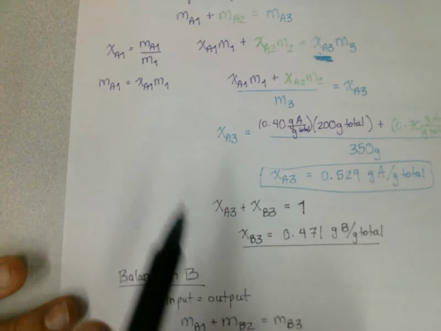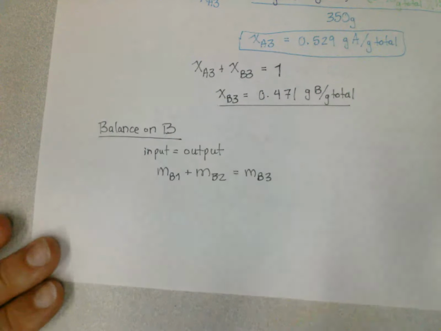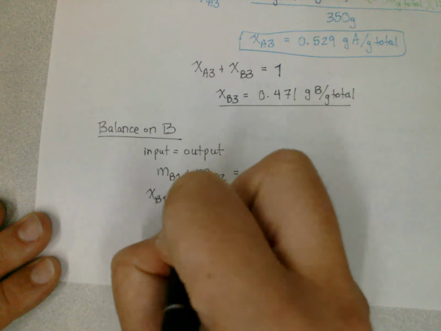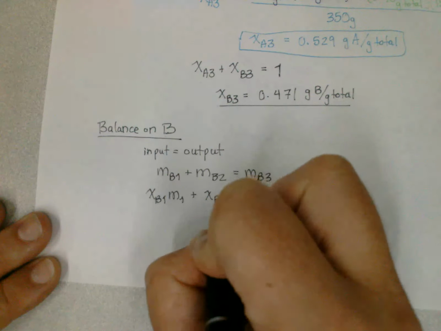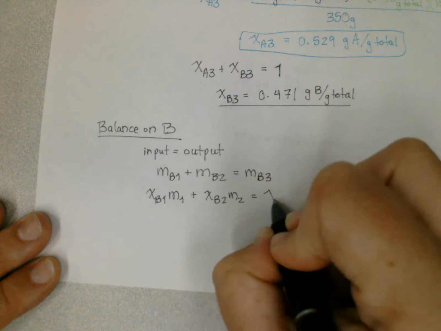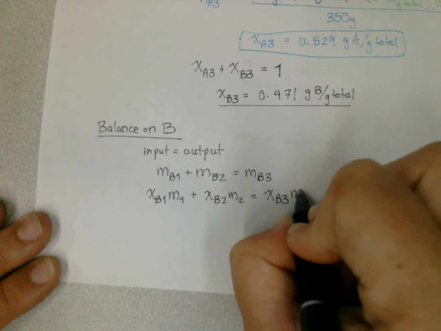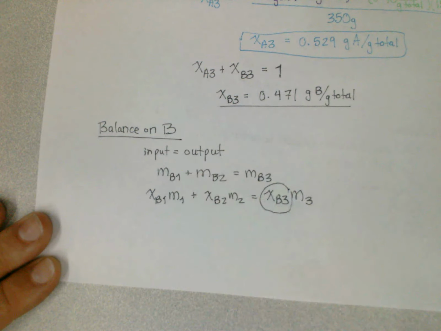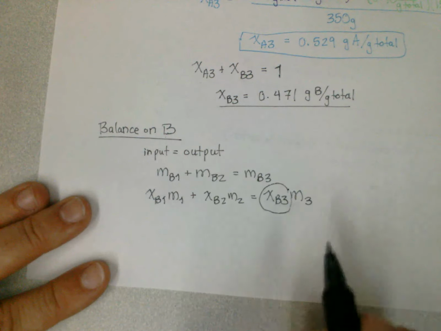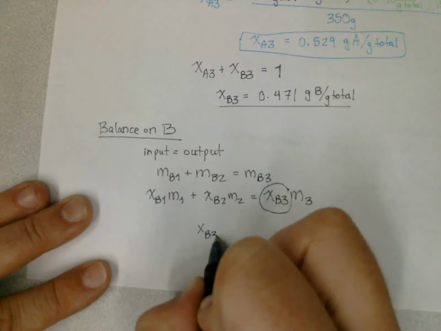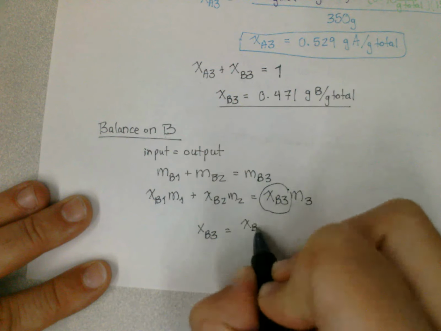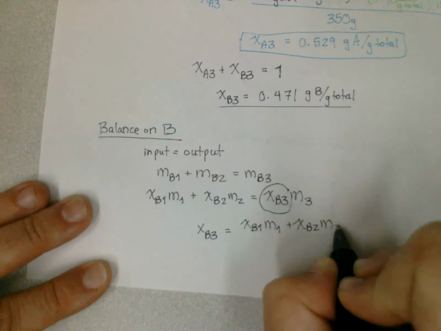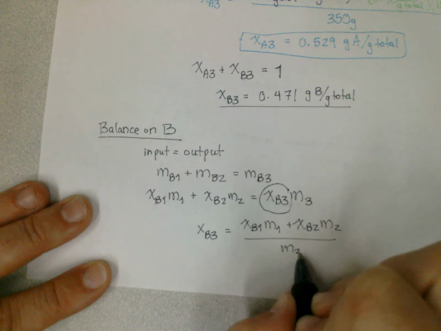If we use what we know about mass fractions up here, we can do the same thing here. We can say xb1 m1 plus xb2 m2 equals xb3 m3. We now want this one right here. So if we solve for xb3, it is going to be xb1 m1 plus xb2 m2, divided by m3.